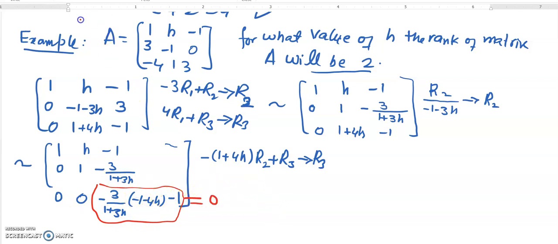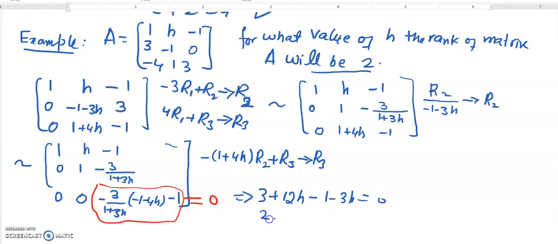So we can solve it for H. We multiply this equation throughout by 1 plus 3H, and then 3 will be multiplied by this, so it will be 3 plus 12H. Okay, and minus 1 minus 3H is equal to 0.